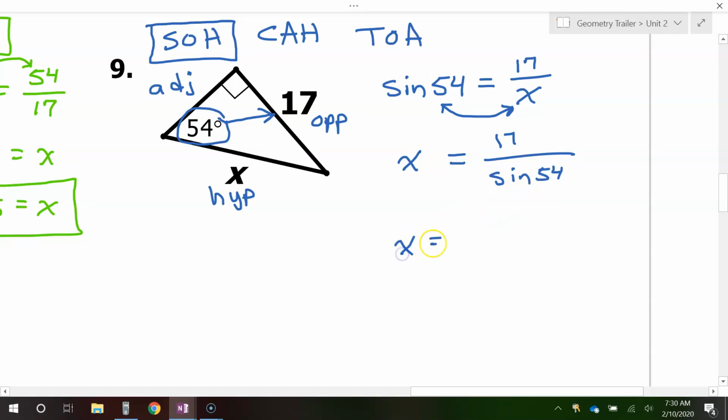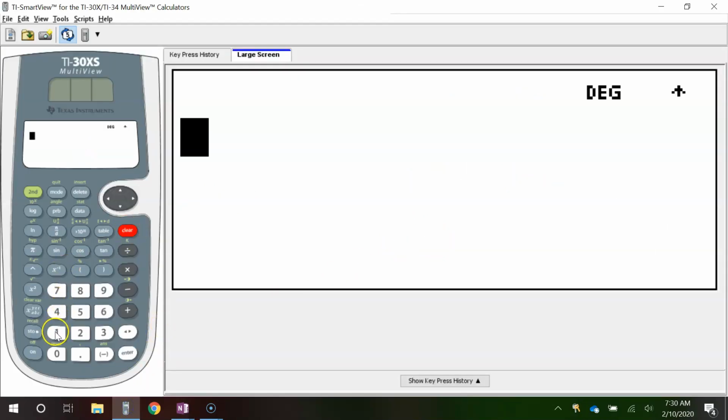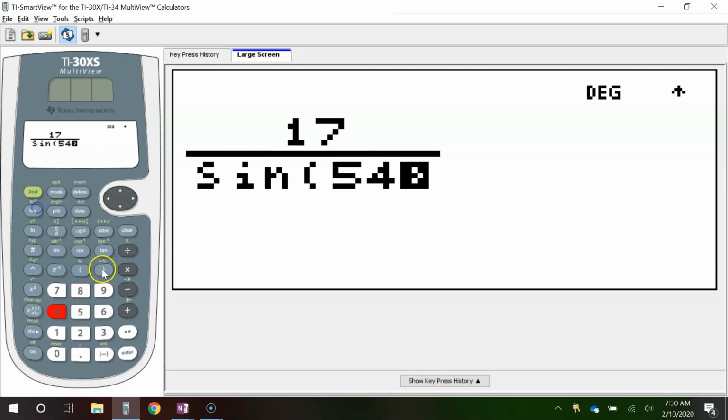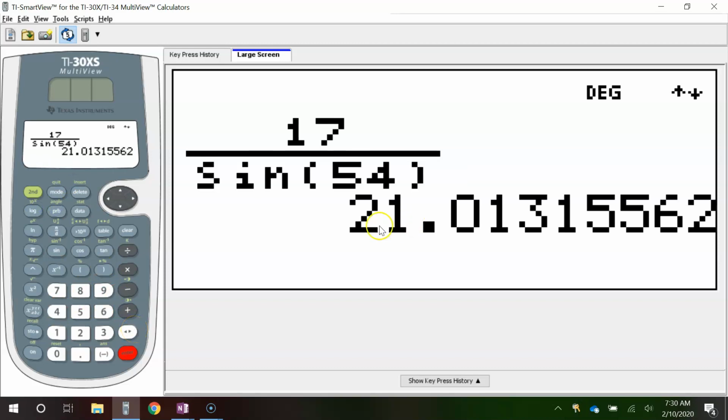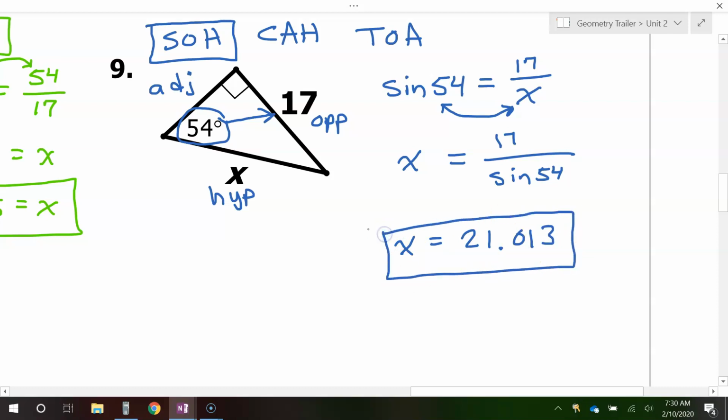And that becomes a calculator thing. 17 over sine 54. That's 21.013. So that is how you use sine, cosine, and tangent to find missing sides and missing angles.